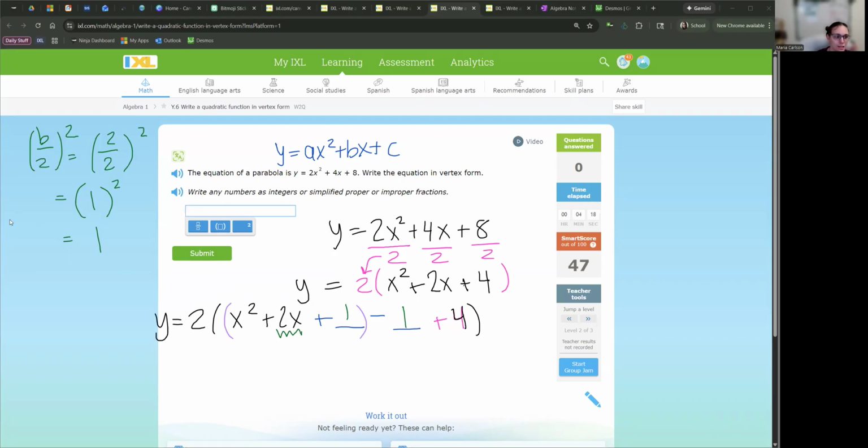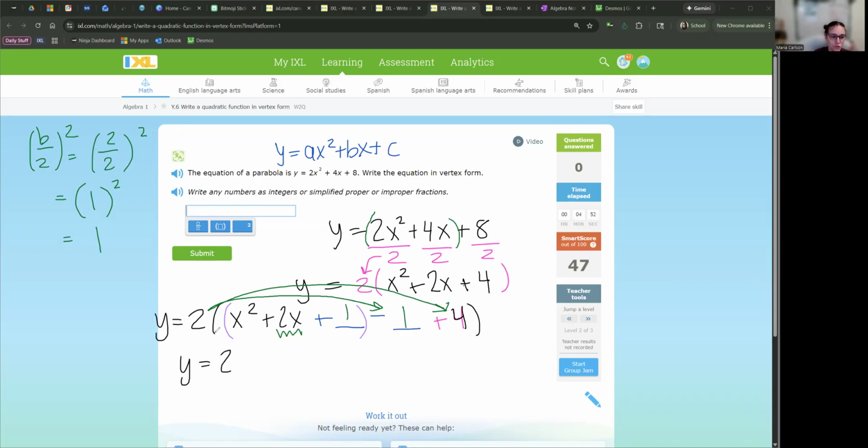So at this point, I'm going to redistribute this 2 that was out front to this outside -1 and outside 4. Really, if I wanted to, at the beginning, I could have just factored the 2 out of the 2x squared plus 4x and had this old c, since it wasn't a perfect square, hanging out outside to begin with.